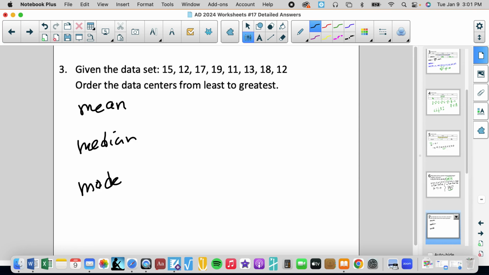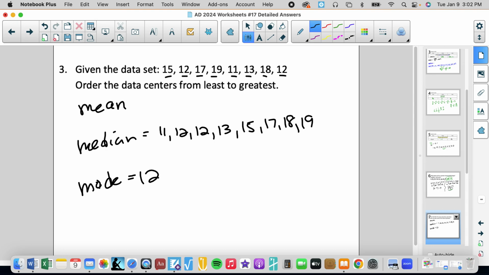So mode is going to be 12. Median is going to be 11, 12, 12, 13, 15, 17, 18, 19. 1, 2, 3, 4, 5, 6, 7, 8. So half is going to be 4 and 5. So that's going to give us 14 as the median.